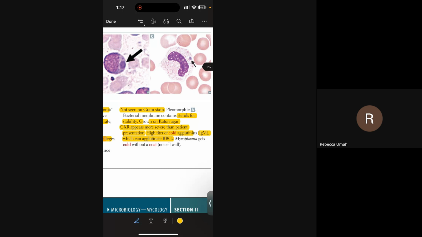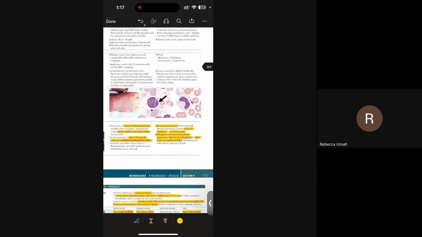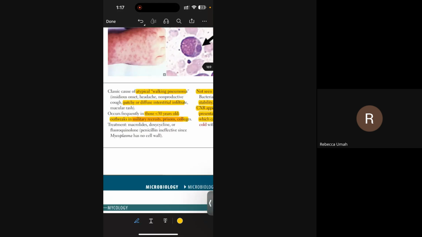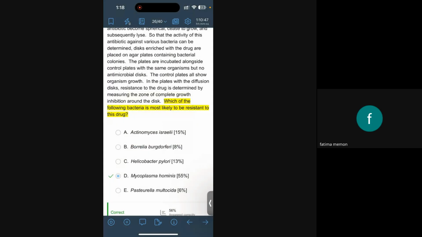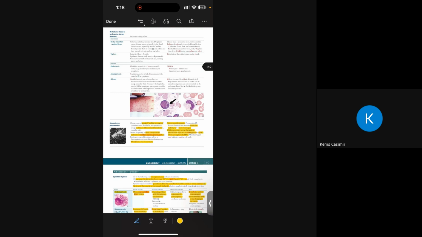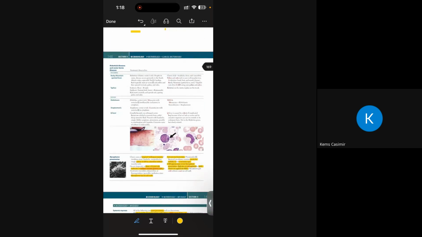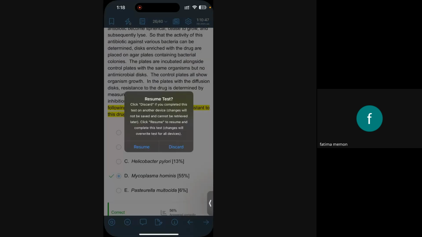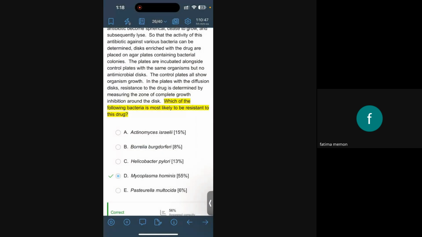It does not contain a cell wall. Mycoplasma has no cell wall. That's why if you are using an antibiotic which inhibits the formation of the cell wall, that antibiotic will not have any effect on Mycoplasma. The page number is 148.